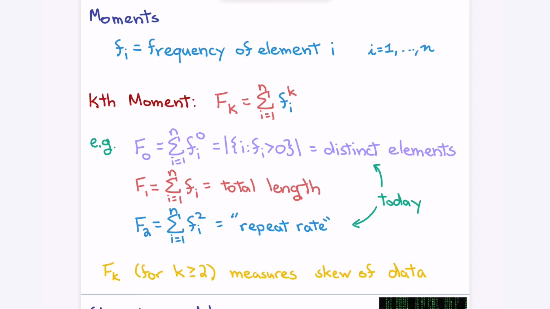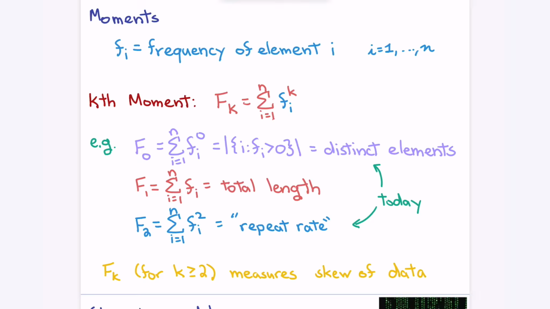In general, the kth moment for k greater than or equal to 2 reflects how skewed the data is, because for the kth moment to be big, the data is really sitting on one coordinate out of m. So if you can estimate F2 or F4, the higher moments, you get some sense of how evenly distributed your data is. If you're a database person doing data partitioning, you might choose a different strategy depending on how lopsided your data distribution is.